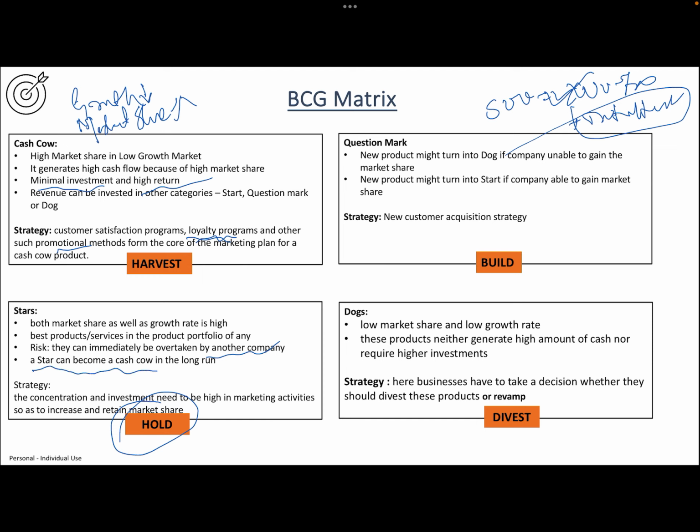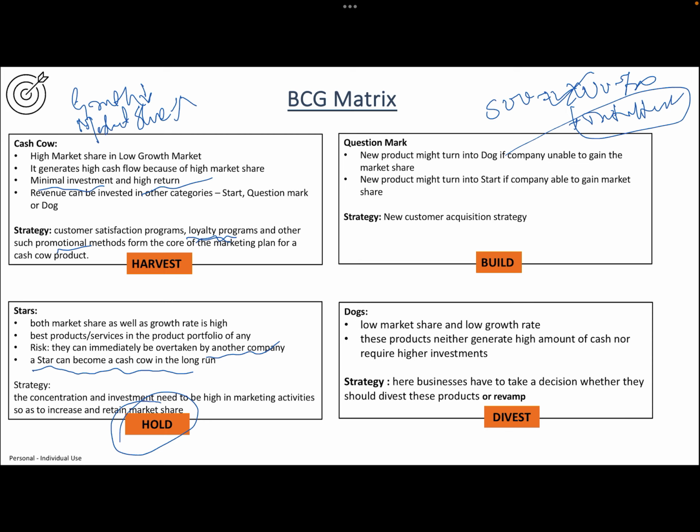A star can become a cash cow in the long run. Once the market stabilizes, because now it is growing and manufacturers are investing in SUVs, once this gets stabilized, generally stars will become cash cows. Once the market is stagnant and the key players remain, it will turn into a cash cow.